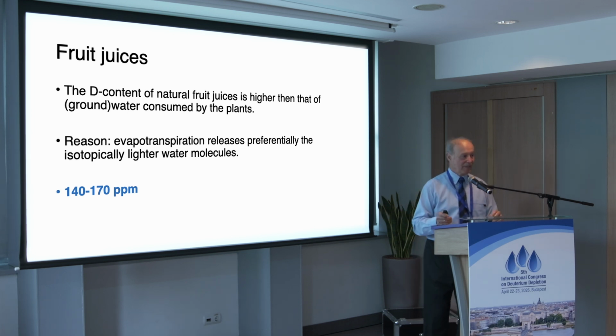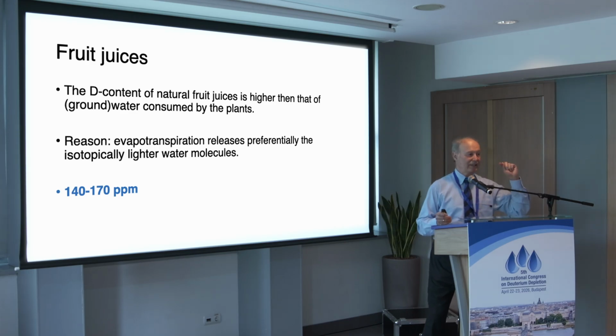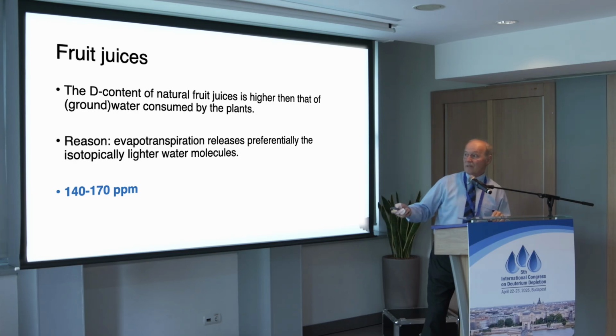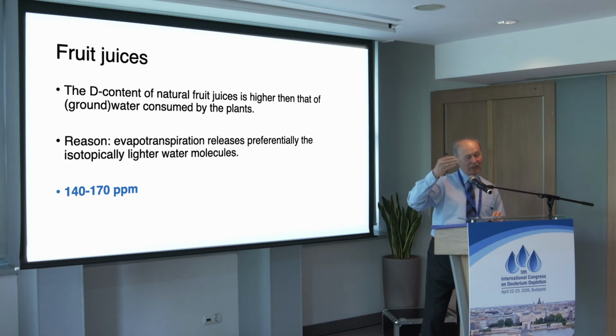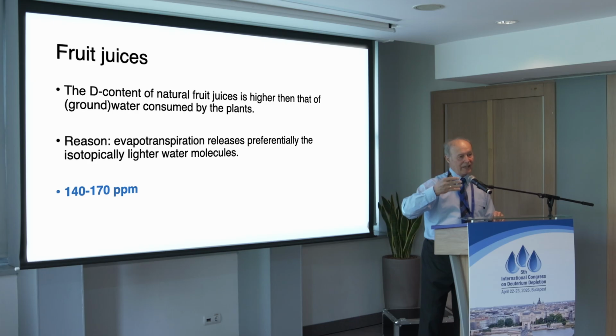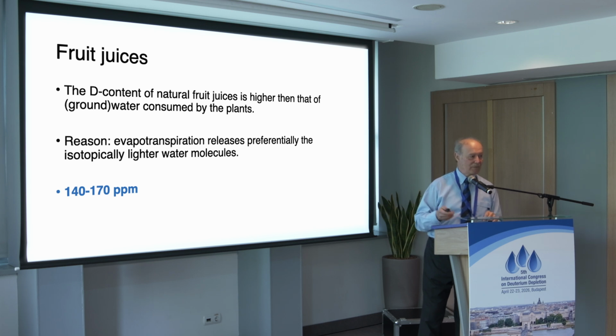Fruit juices contain elevated deuterium. Why? Because the plants evapotranspirate water, and during the evaporation, as I mentioned, the light isotopes preferentially leave the plant, so the remaining water becomes deuterium enriched, also oxygen enriched, but in this case the deuterium is very interesting.